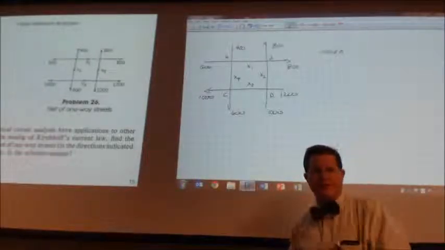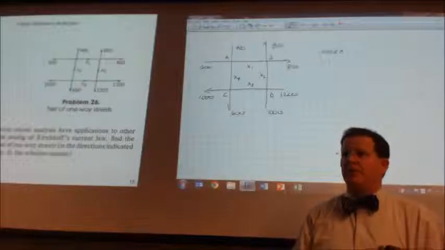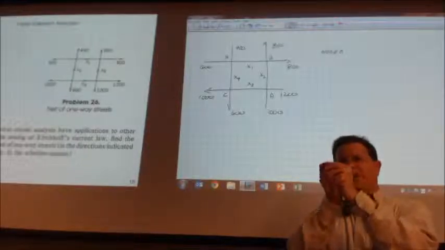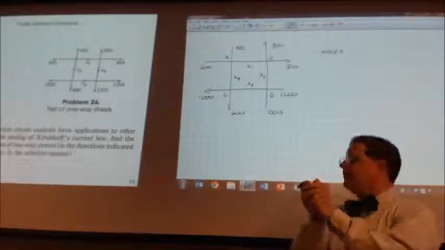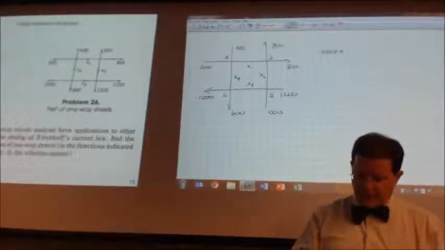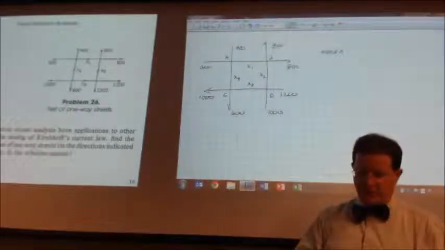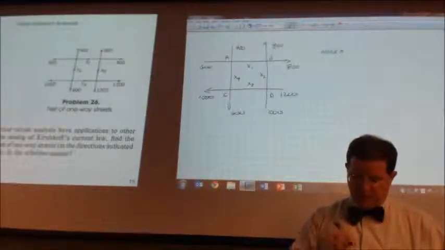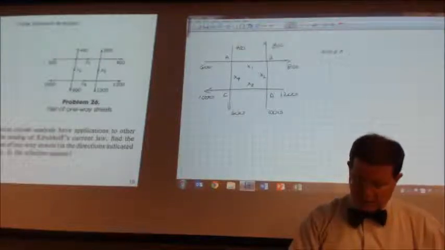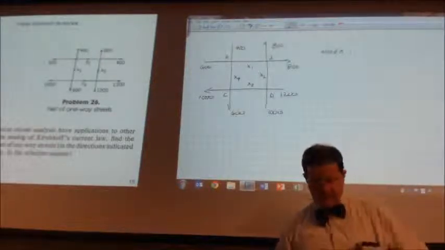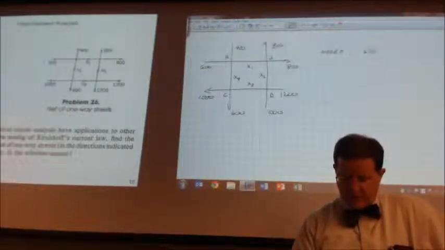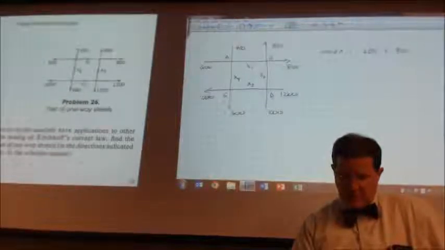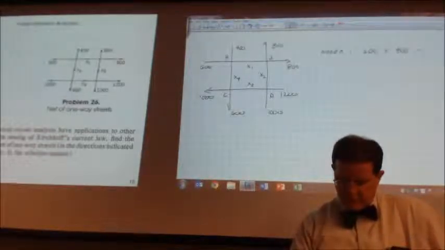Well, we're dealing with the node itself. What goes in is positive, what goes out is negative. Yeah. So if we say into the node is positive and out of the node is negative, for node A, what would we write? 400 plus 600, minus x1, minus x4.